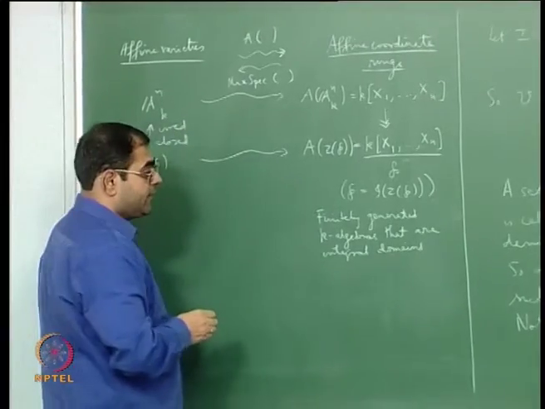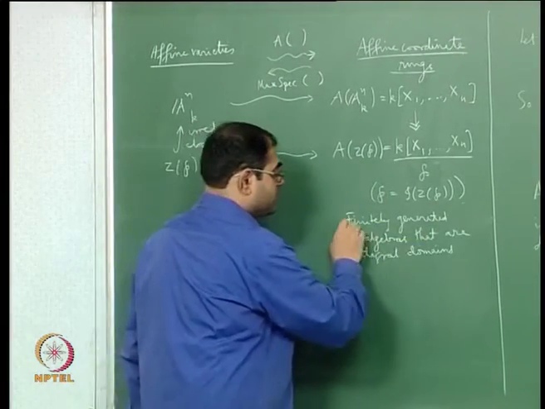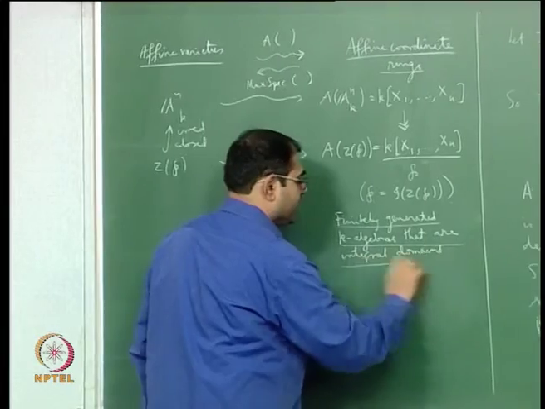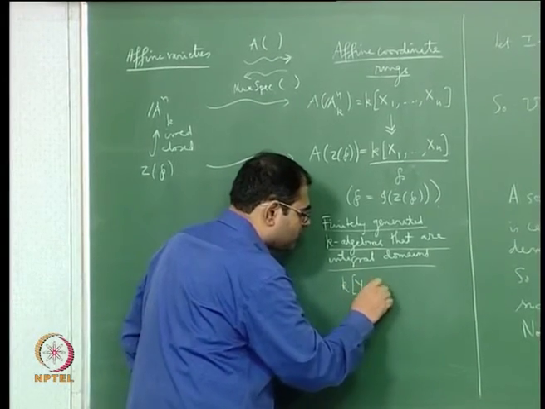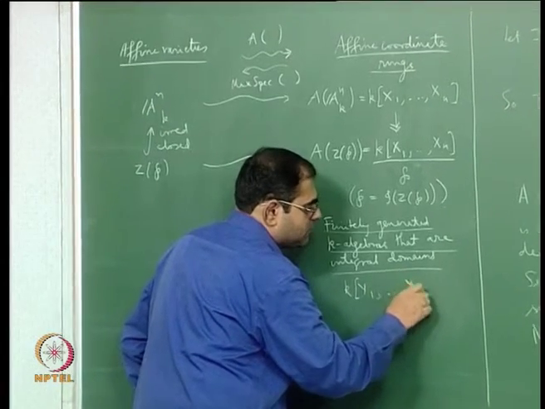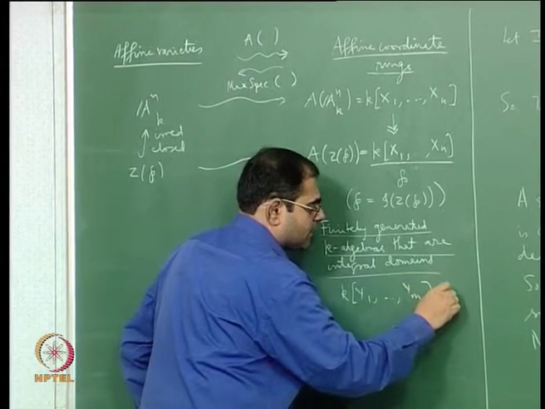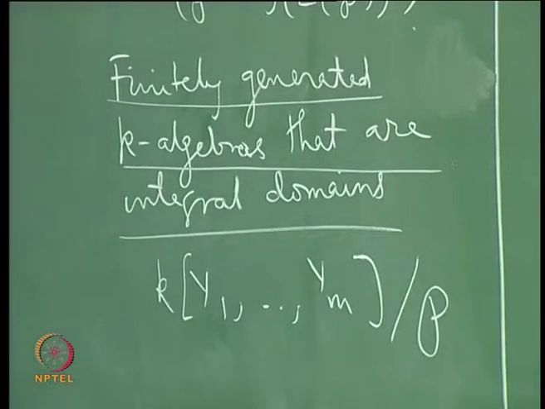Okay, this is what you should put on this side in general, and what will that be? That will be some K[y1, ..., ym] modulo some p, which is a prime ideal.